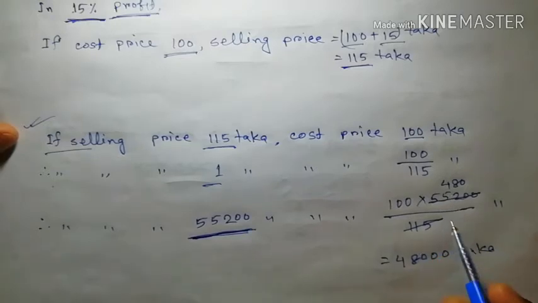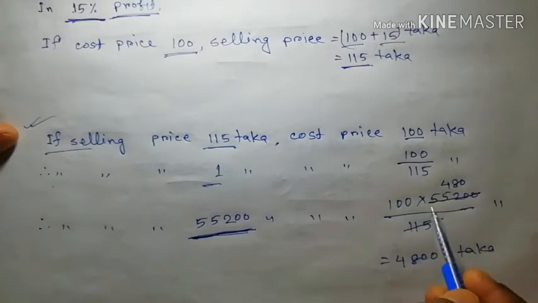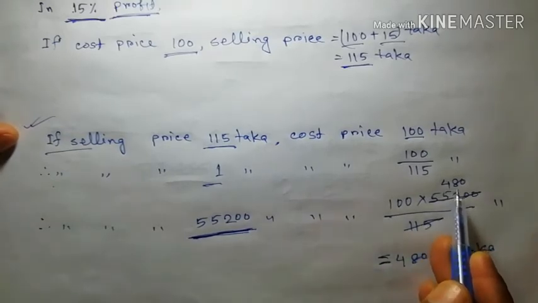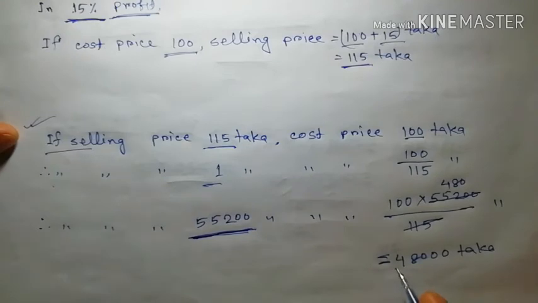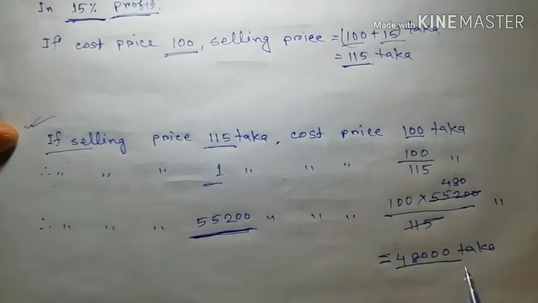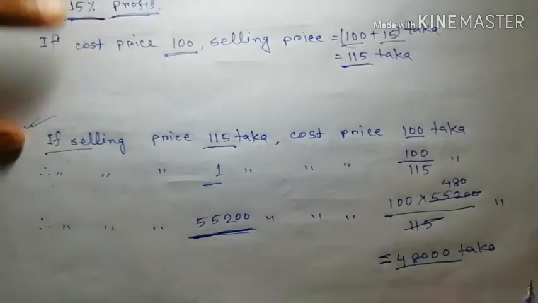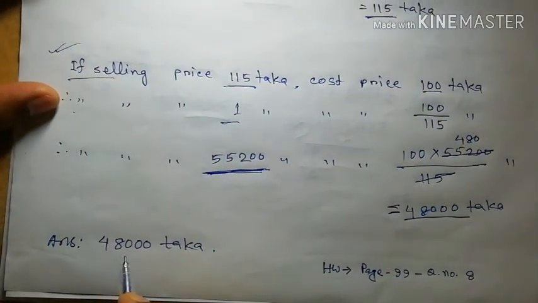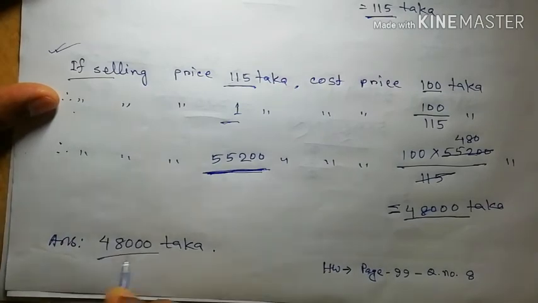Now we multiply 480 into 100. If we multiply 480 into 100, that will be 48,000 taka. That will be your answer, it is your cost price. 48,000 taka is the cost price.